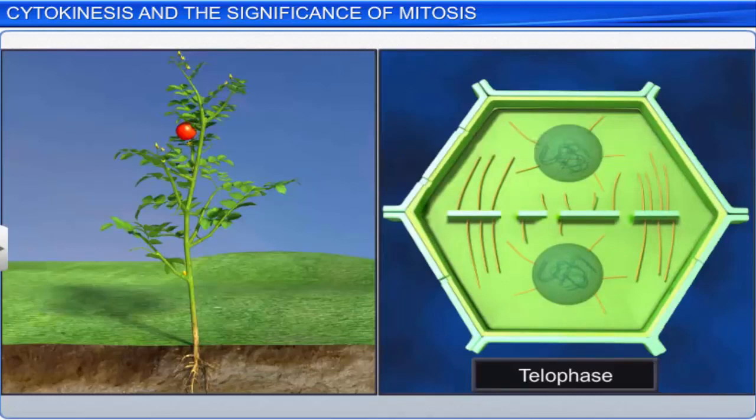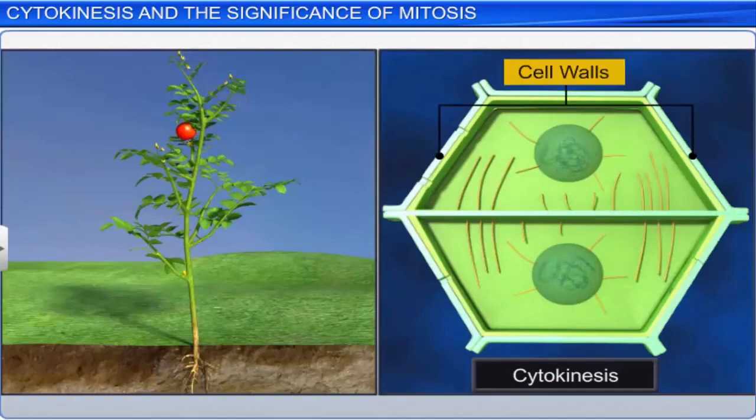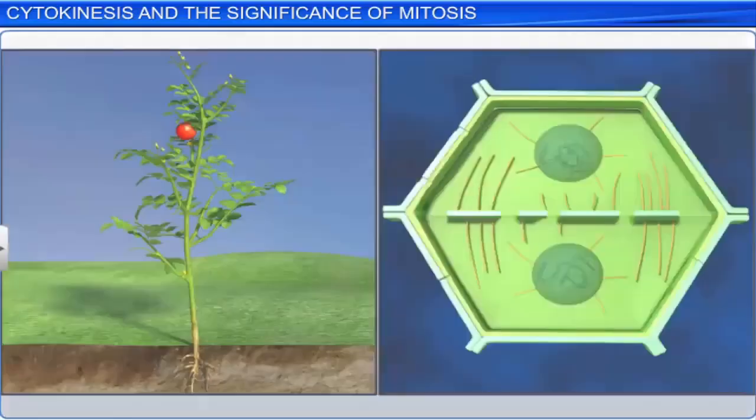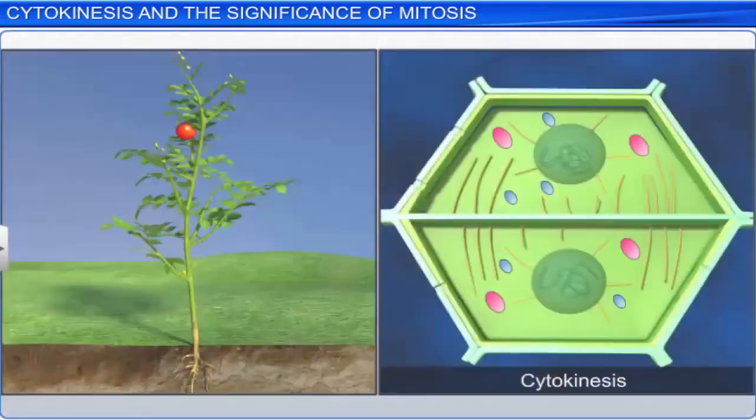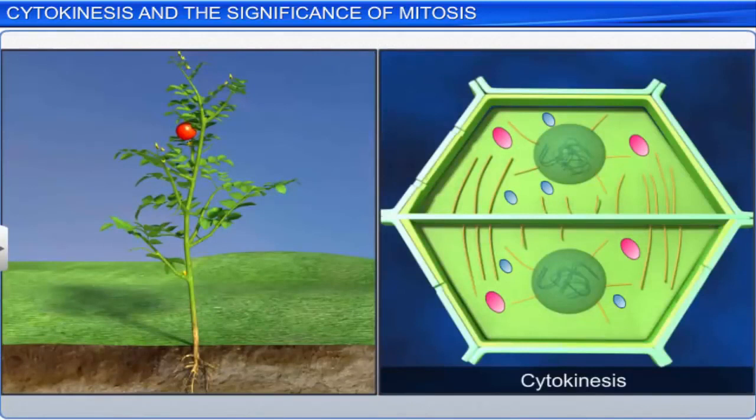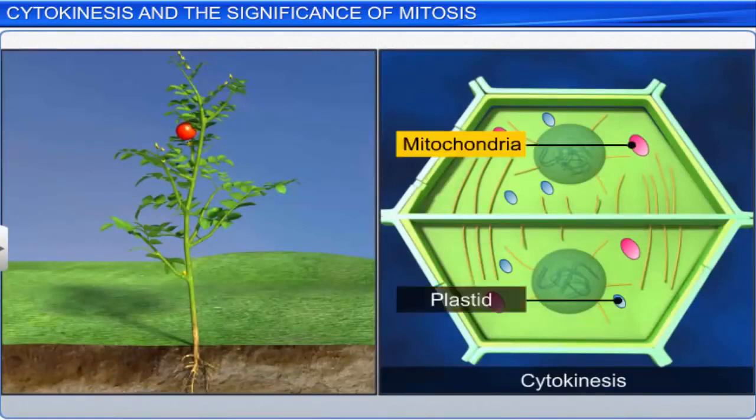Gradually, this plate grows outward to meet the existing lateral cell walls. The cell plate represents the middle lamella of the cell wall. Also, during cytokinesis, organelles like plastids and mitochondria are equally distributed between the daughter cells.